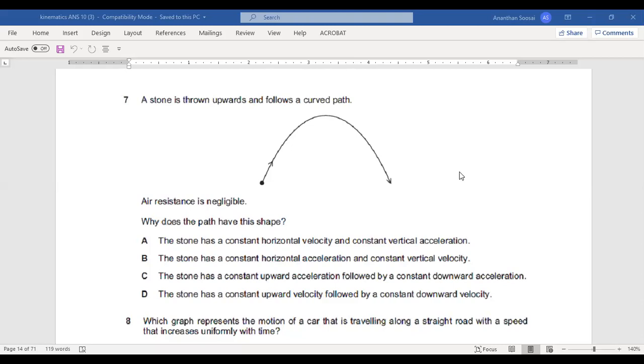Okay, so I received the answer. The answer said is C. C is the answer. The stone has a constant upward acceleration followed by a constant downward acceleration.